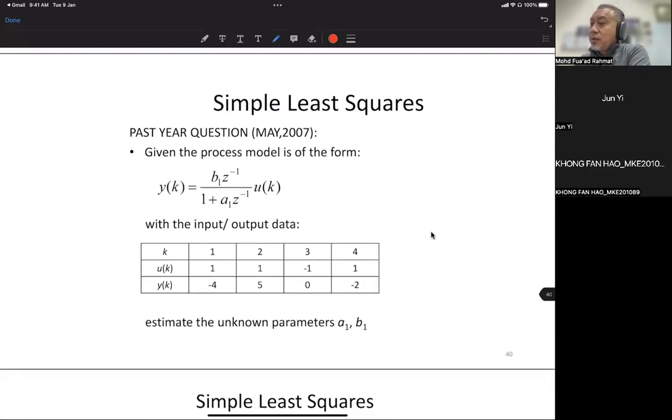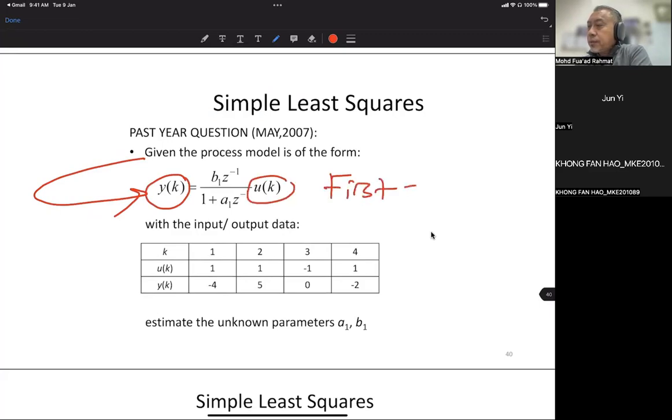So the other example where the process model is given by y(k) = b1 z^-1 / (1 + a1 z^-1) u(k). Y is the output, u is the input, and this is the first order model. So the input output data is shown here.